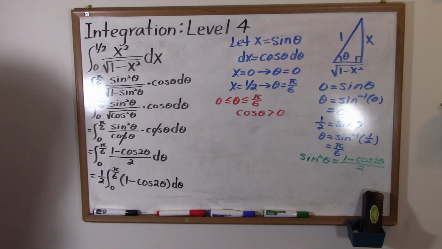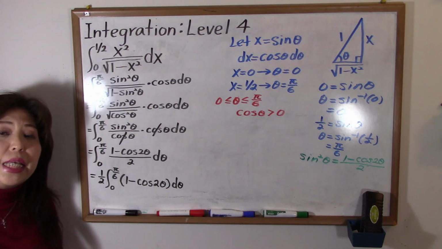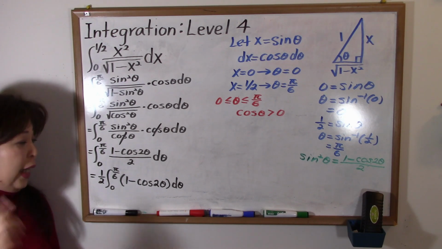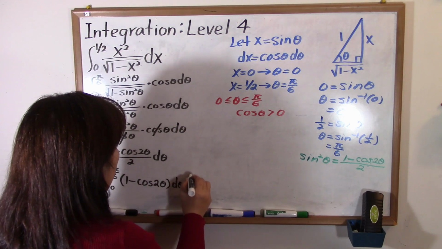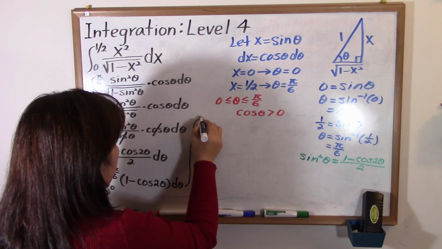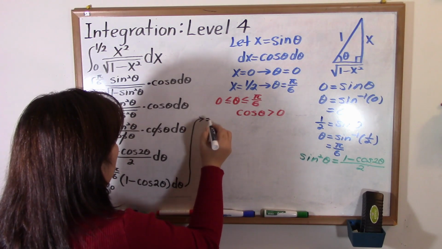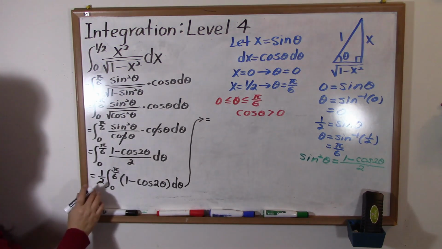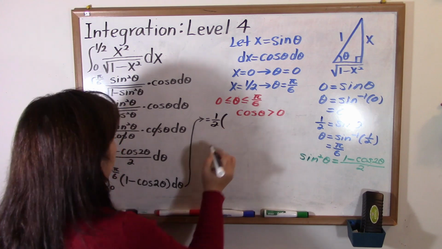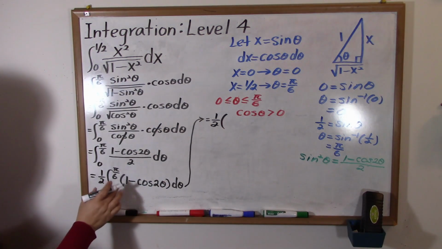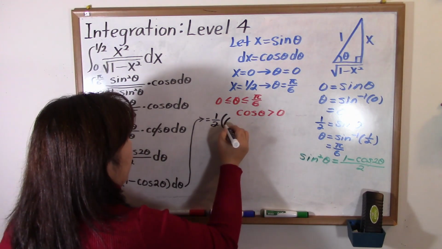Now we're going to compute the antiderivative. It is equal to 1/2 times, in parentheses, the integral of 1, which is theta.